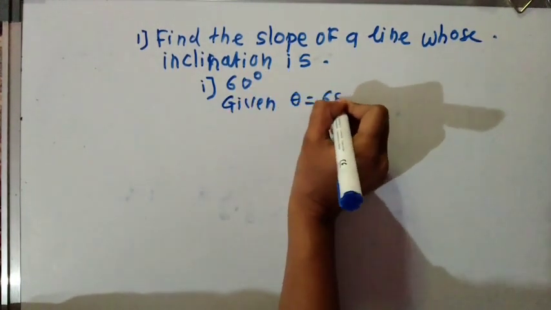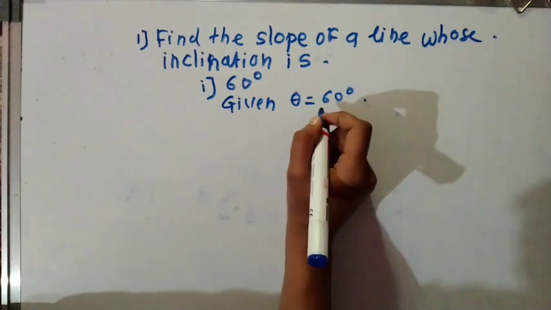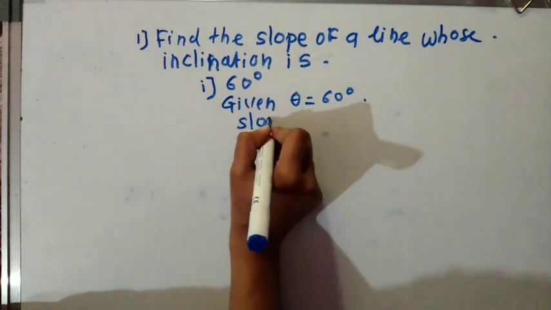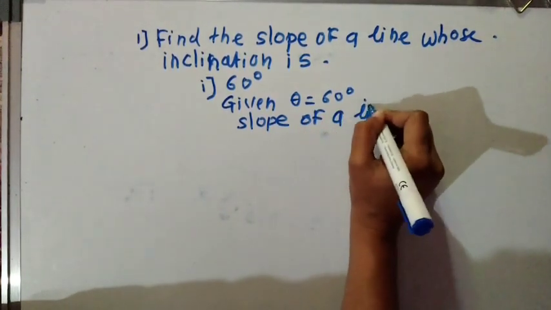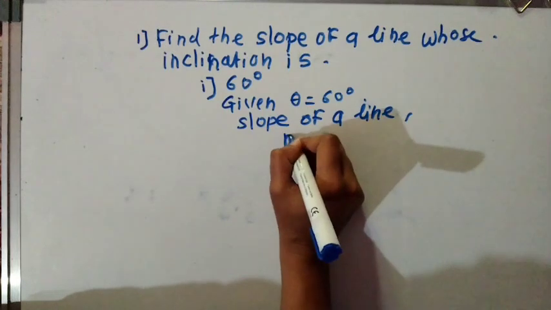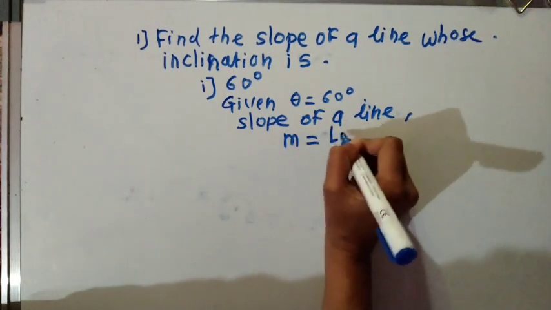Theta is equal to 60 degrees. Then the slope of a line formula is m is equal to tan theta.